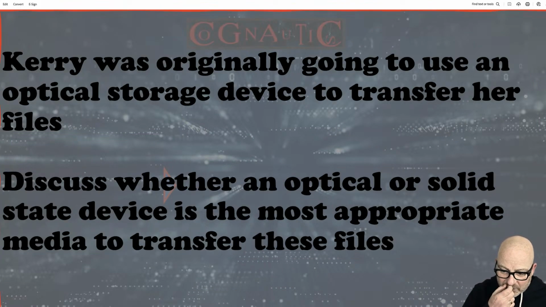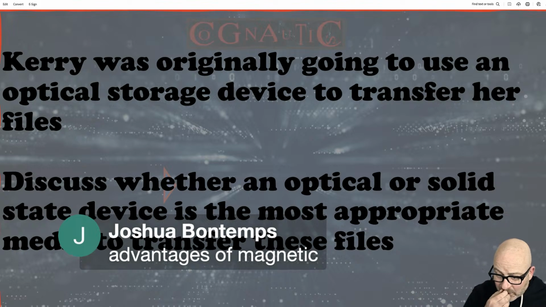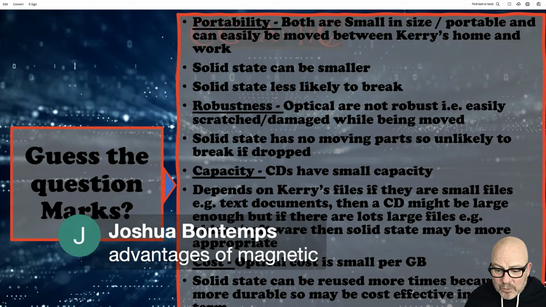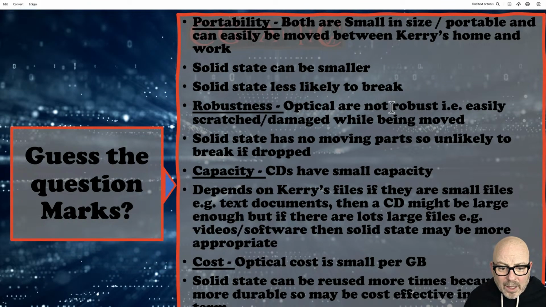So the question was, discuss whether an optical or solid state device is the most appropriate media. Josh, you're not wrong here. They give you a scenario and ask you to discuss which one she should use, but then bring it back to her scenario, which was about being able to move it.